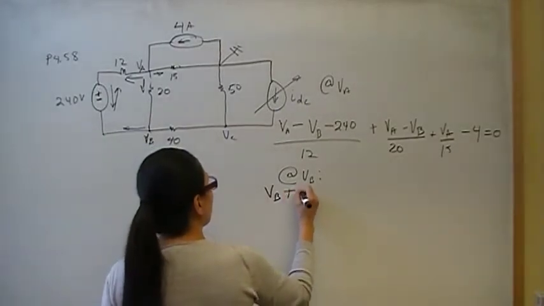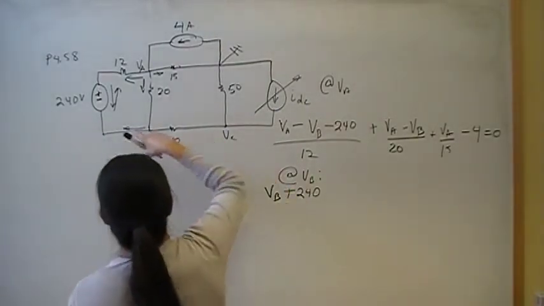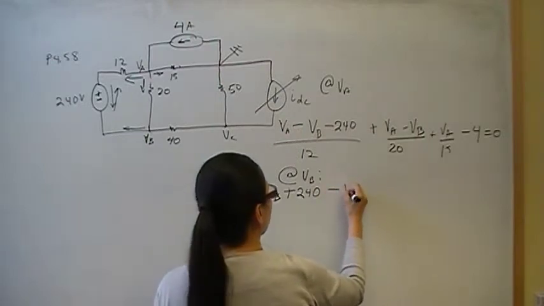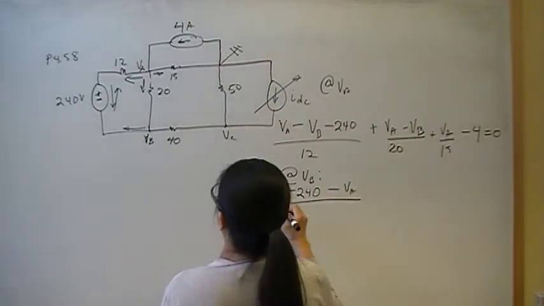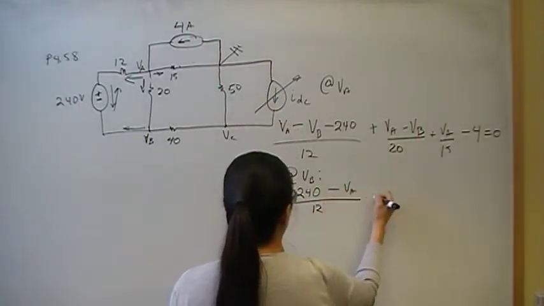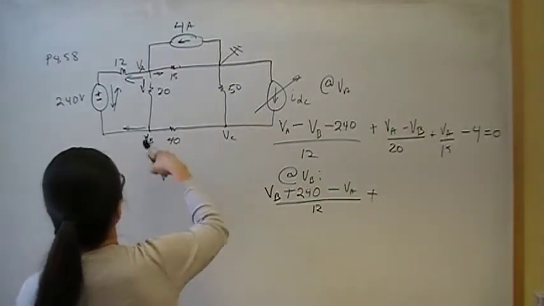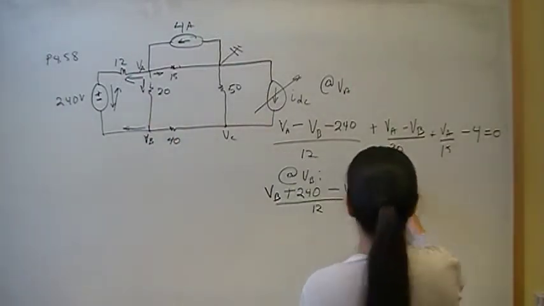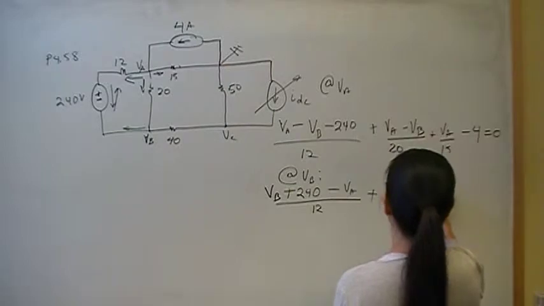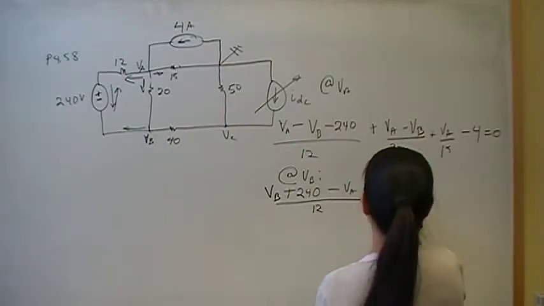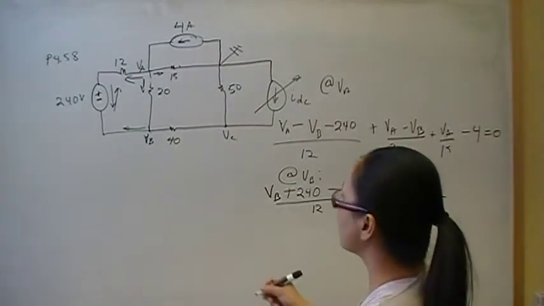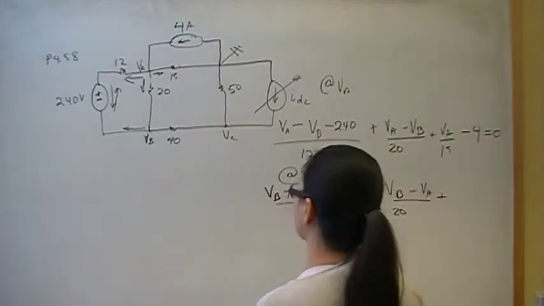So the sign is going to be plus 240, and that's going to be minus VA over 12. That's the first current. The next current is VB minus VA over 20. And then lastly, this current here is going to be VB minus VC over 40.